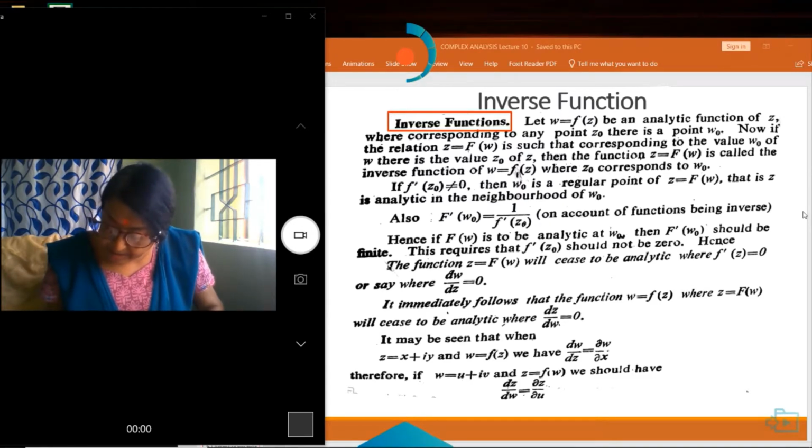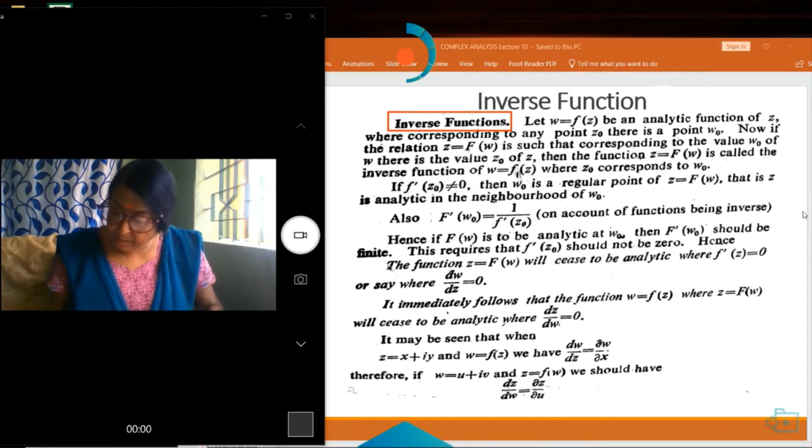Here, if f(w) is to be analytic at w0, then f'(w0) should be finite. This requires that f'(z0) should not be 0.